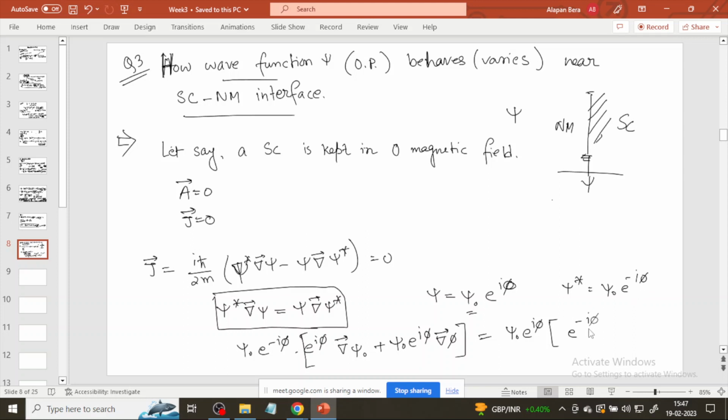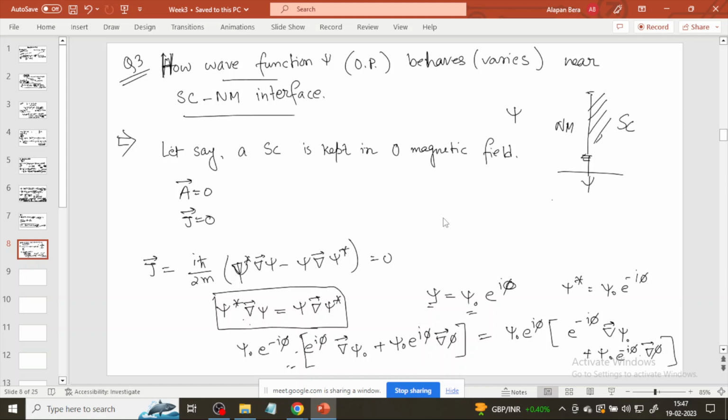The e to the power minus i phi is now outside. Okay, if we put the value of this in this equation, it is this term.